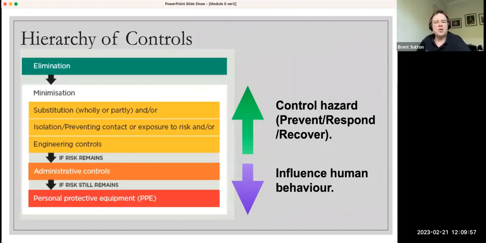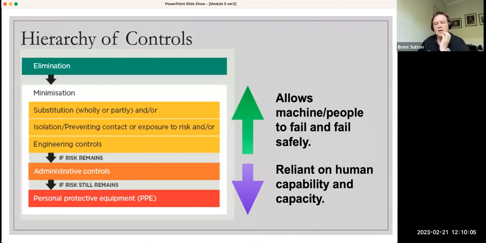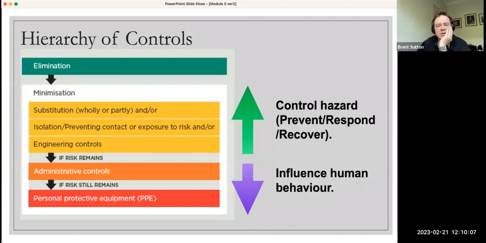So if we think about the hierarchy of controls, the hierarchy of controls is asking us to always apply those higher order controls. And if I just touch on that, what we're really saying is that if we apply those substitution, isolation, or engineering controls, those controls are focused at directly how the hazard releases energy.